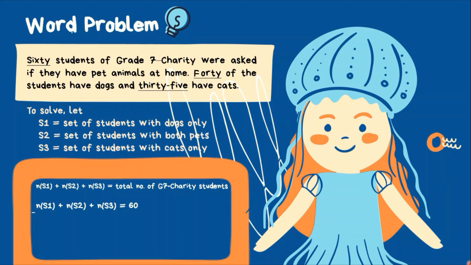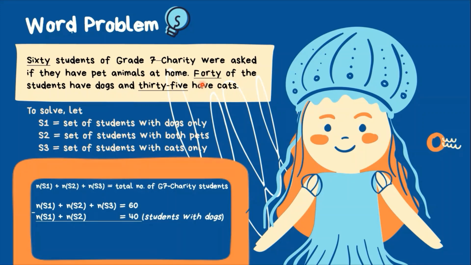First, we will try to find out S3, the cardinality of S3. How many students have cats only? So, bring down the same formula. Let's ignore the cardinality of S1 and S2 because we're trying to find out S3. And then let's put in the number of students with dogs. In this case, 40.